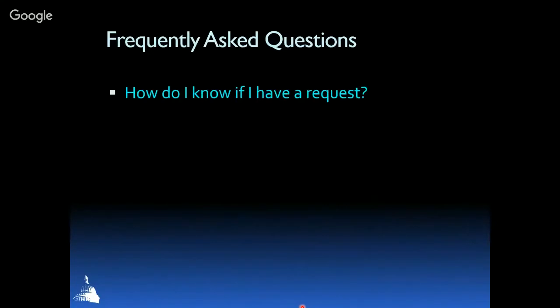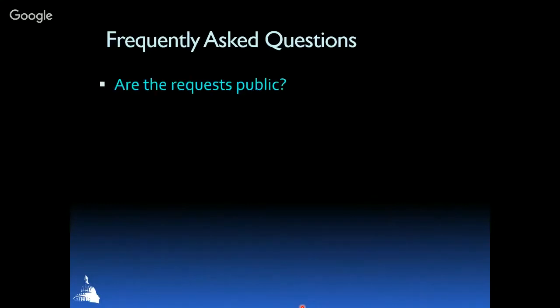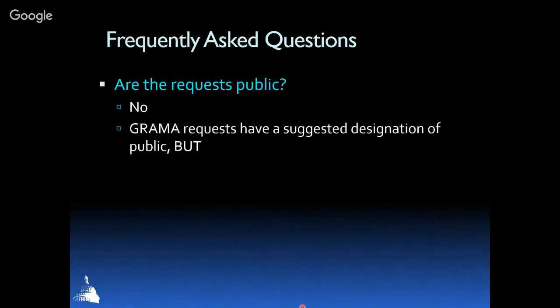So how do you know if you have a request? You will get an email notification. If you want your email notifications to go to a specific email, then contact your analyst, and they can make sure that we have the right email set up. Are the requests public? No, they are not public.